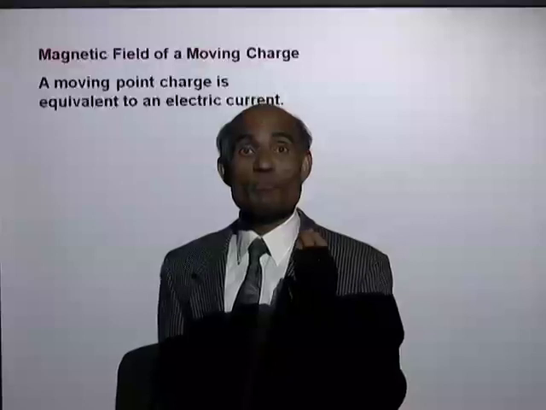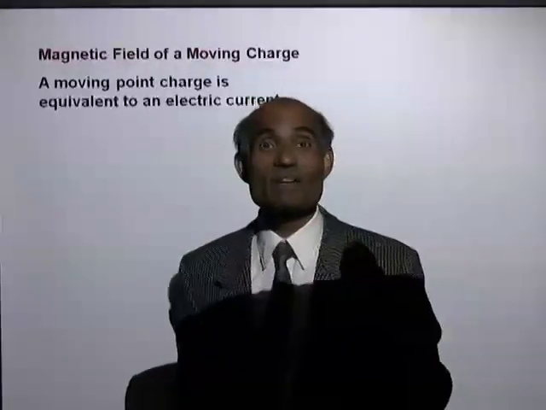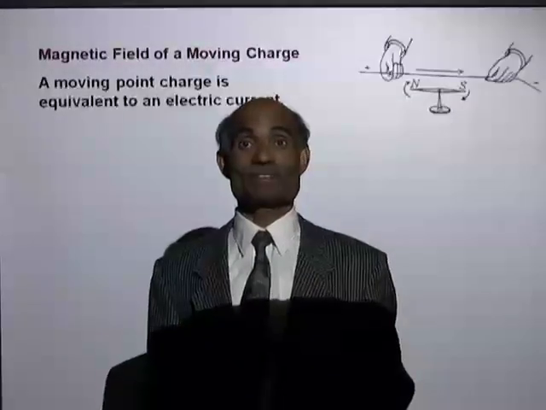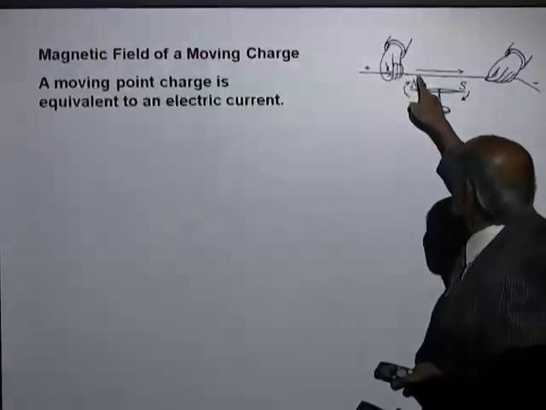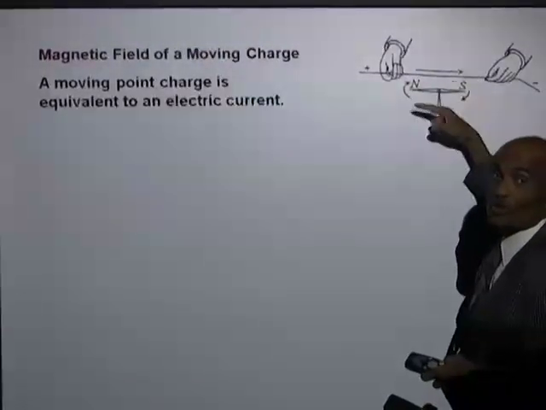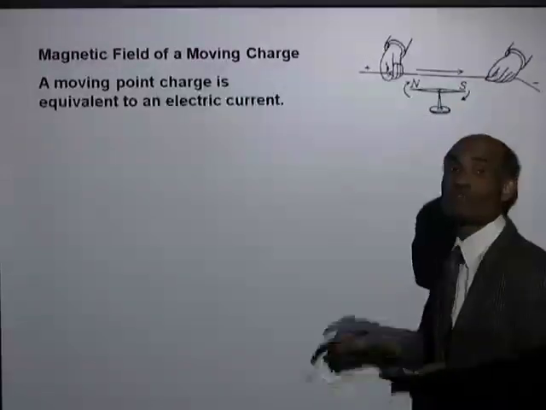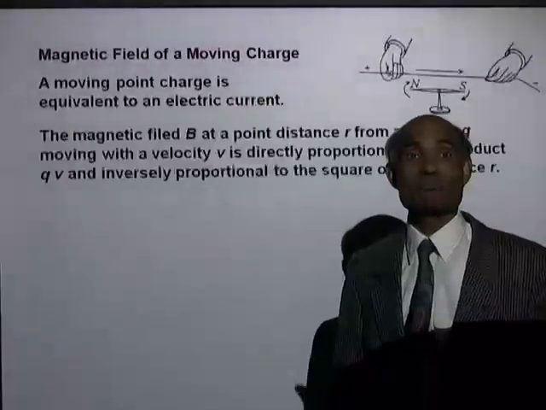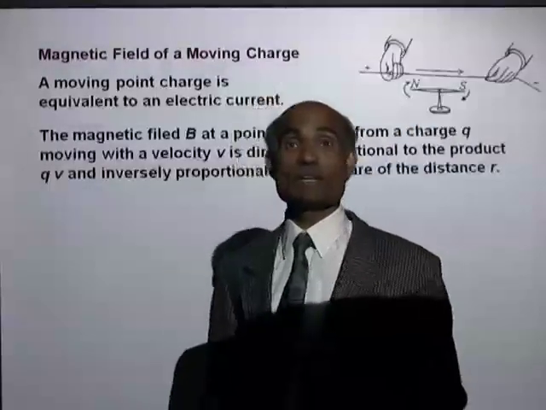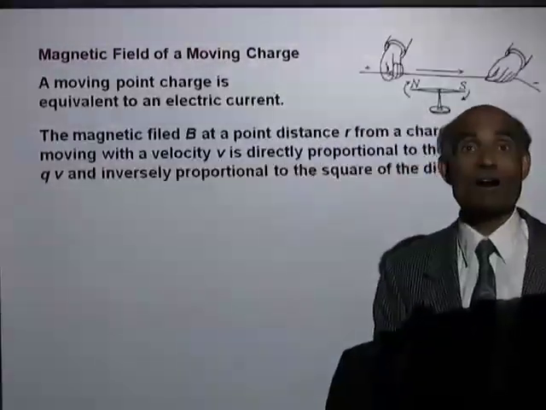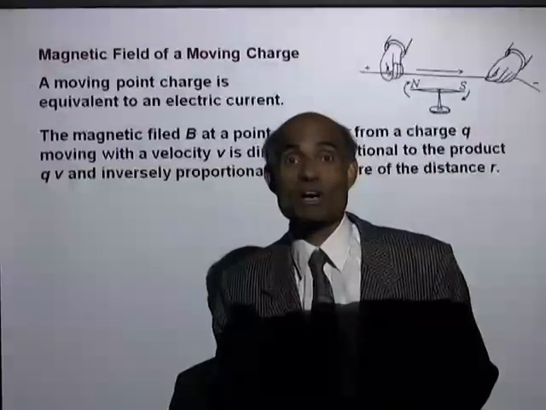A moving point charge is equivalent to an electric current, and therefore when moving charges constitute an electric current, the motion of charges generates a magnetic field. The magnetic field B at a point R from a point charge.